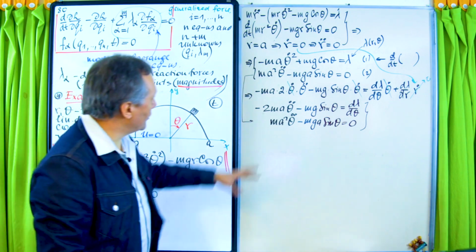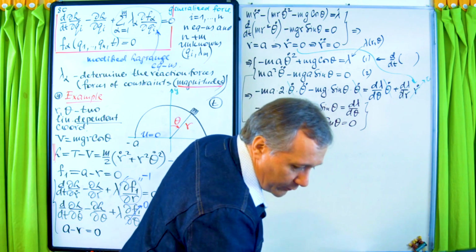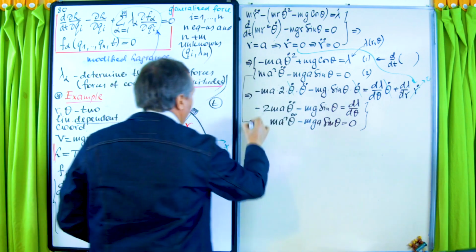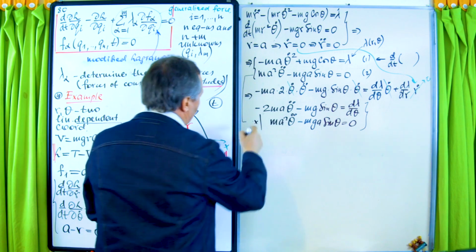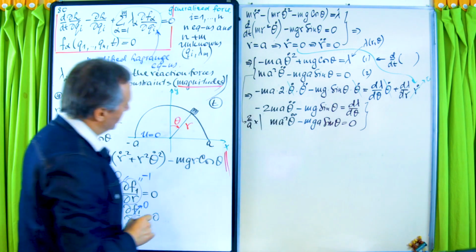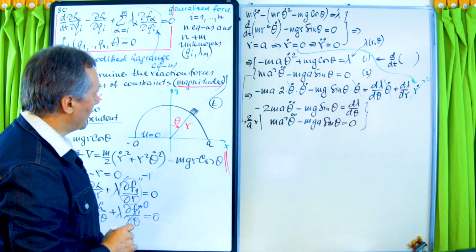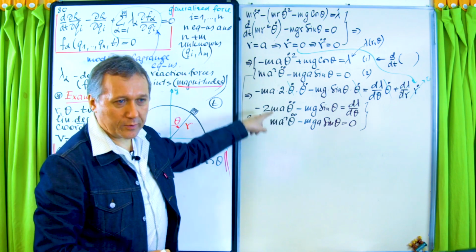Now, in order to get rid of theta double dot, the second equation must be multiplied by what in order to get exactly the same term? 2 divided by a, right? Yeah, 2 divided by a, and as a result we will get exactly the same first term in both equations.